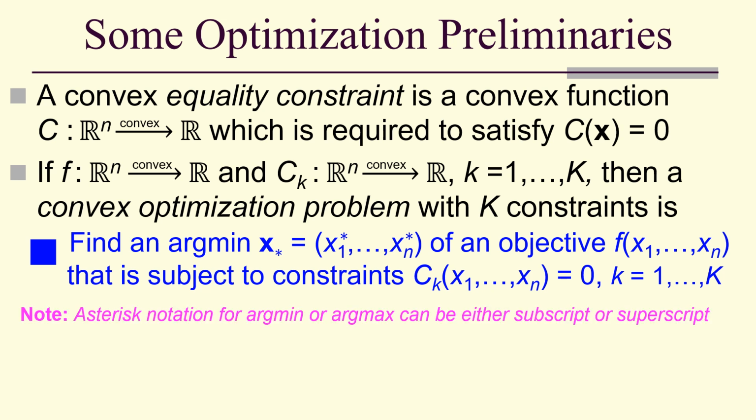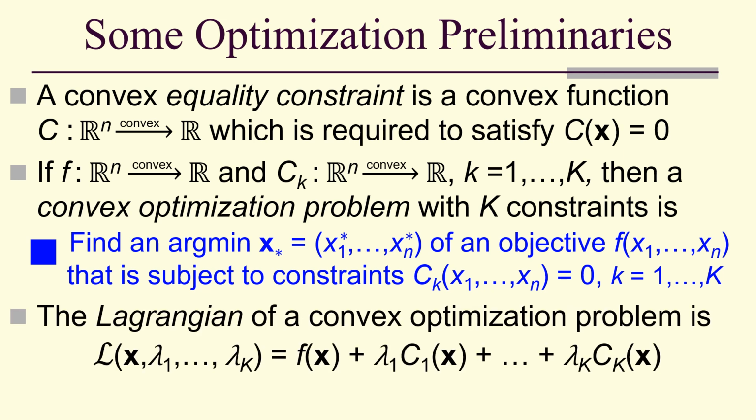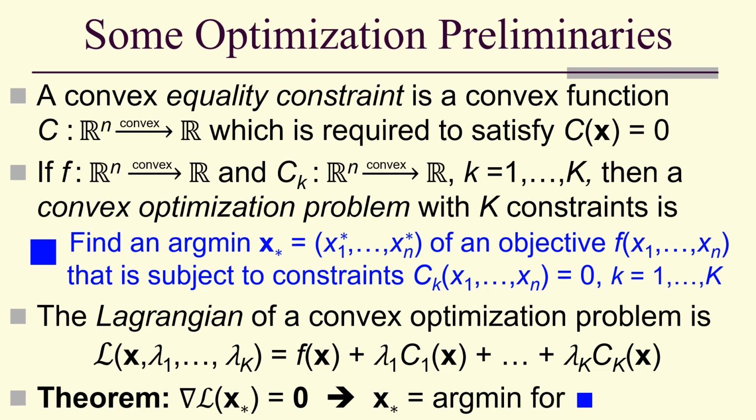Notice the asterisk can be either a superscript or a subscript. The Lagrangian of a convex optimization problem is a function of x and these lambdas, where we have f plus the linear combination of the constraints. We have a theorem that says if the gradient of the Lagrangian at x star is 0, then x star is the argmin for our convex optimization problem.